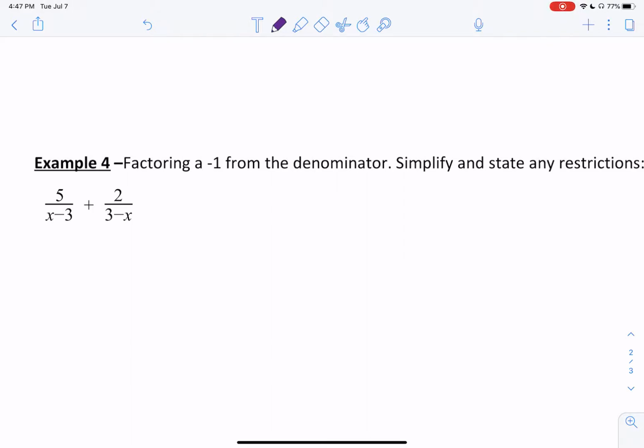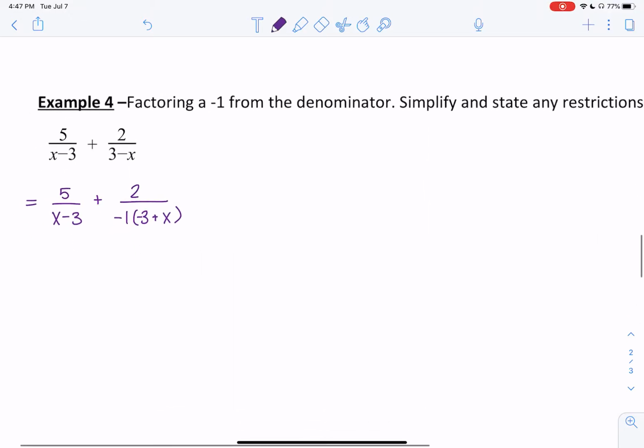We can factor out a -1. So out of the second one here, I'm just going to factor out a -1 out of the denominator. There we go. So all I did is I just factored out a -1 out of the bottom.